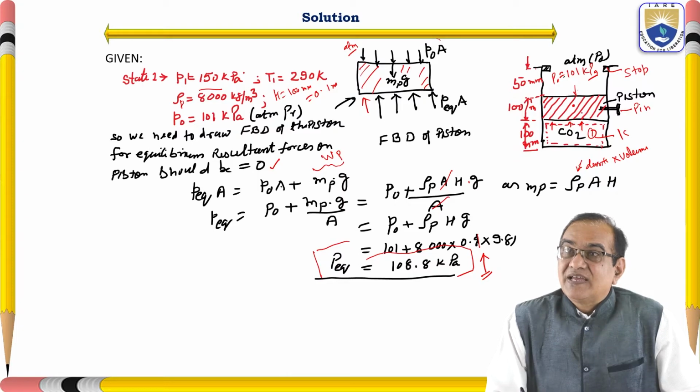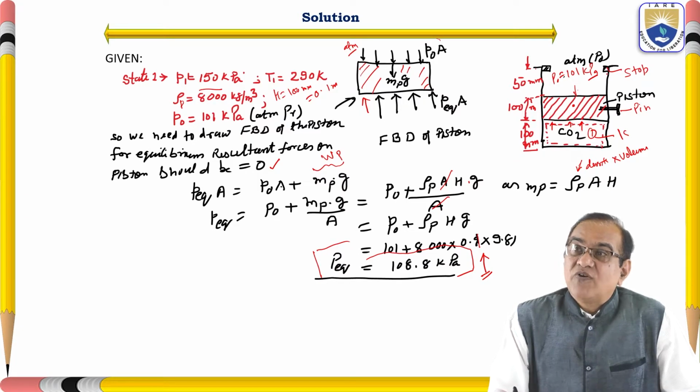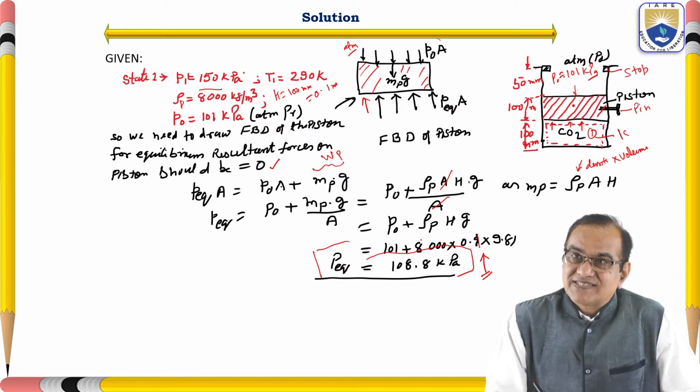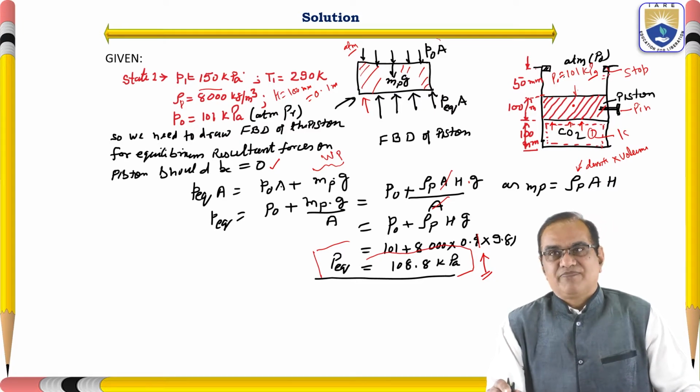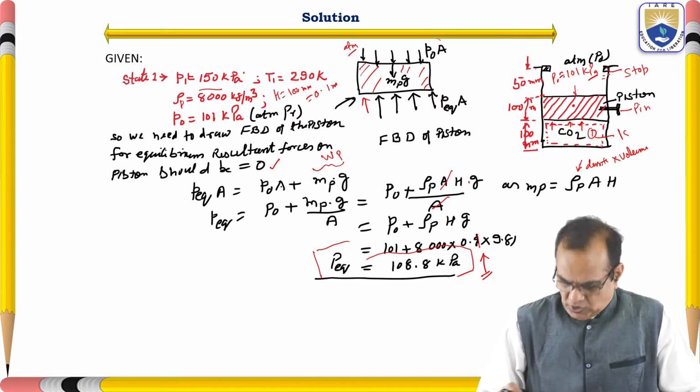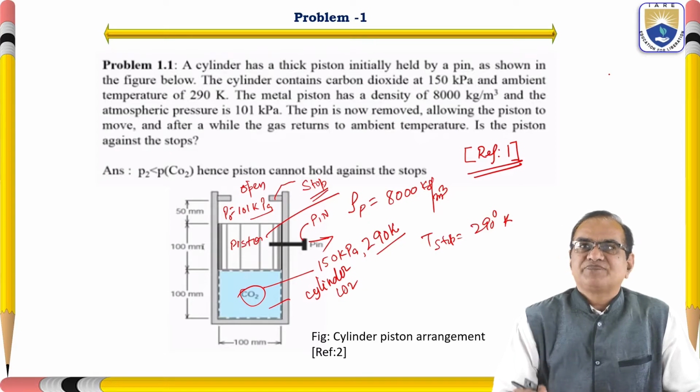But it can only touch when it is more than this. But the P equilibrium is more than the 100. So this piston will not reach the stop, and before that somewhere here it will stop. So that is the question that was asked here.